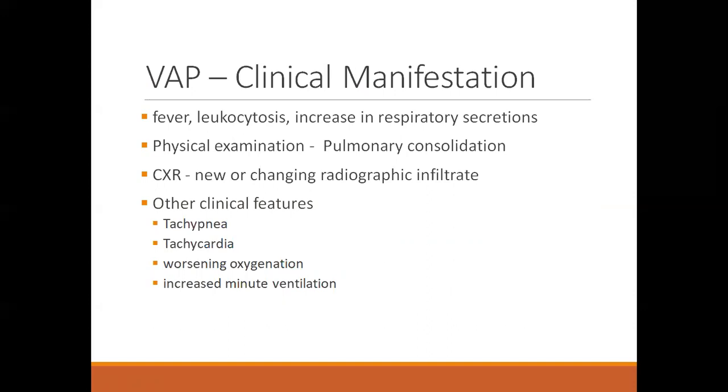On chest radiograph, you may find a new or changing radiographic infiltrate. Of course, other clinical features are tachypnea or increased respiratory rate, tachycardia or increased cardiac rate, worsening oxygenation, and an increased minute ventilation.